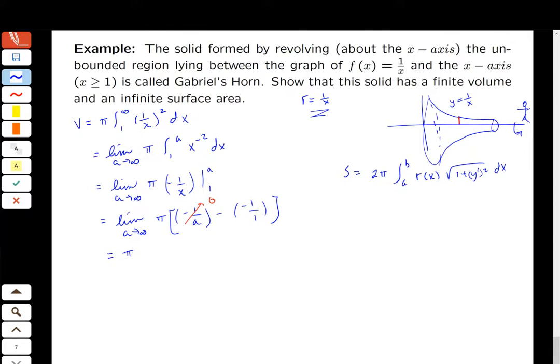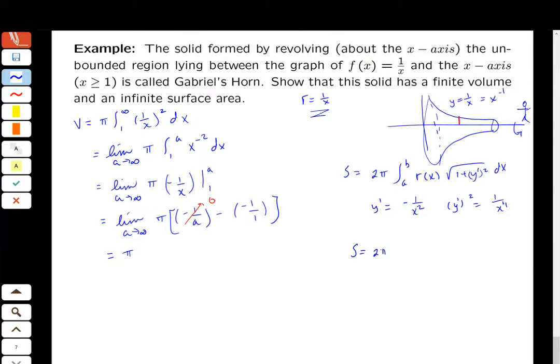What is y prime? If y equals 1 over x, what is y prime? No, you're integrating now. 1 over x squared. Yeah, negative 1 over x squared. Y prime squared is 1 over x to the 4th. And now I can plug it in.